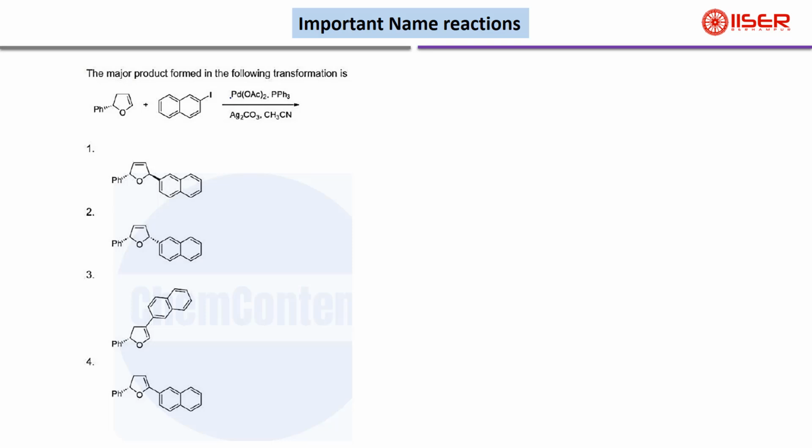So first this palladium and this halide will form an RPdX complex. After that, it undergoes a 1,2 addition across the double bond.